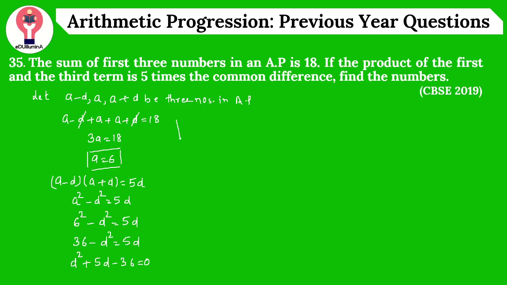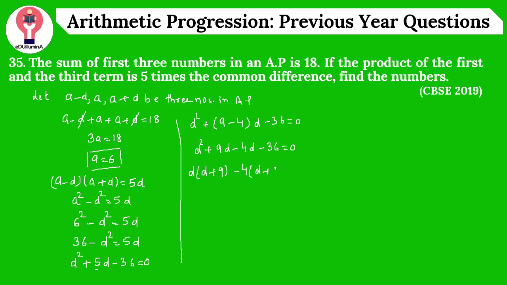Now we will factorize this by splitting the middle term. The middle term 5 can be split up into 9 minus 4, so d square plus 9d minus 4d minus 36 equal to 0. From the first two terms d comes common, so d into d plus 9 minus, and from the last two terms we can take 4 common, so it is d plus 9 equal to 0. So the factors are d minus 4 into d plus 9 equal to 0.